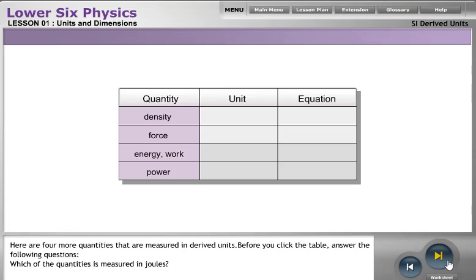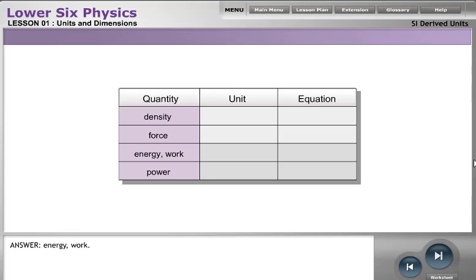Which of the quantities is measured in joules? Answer: energy, work. What unit is used to measure force? Answer: newton, N. What unit is used to measure power? Answer: watt, W. Now click on the boxes below unit.